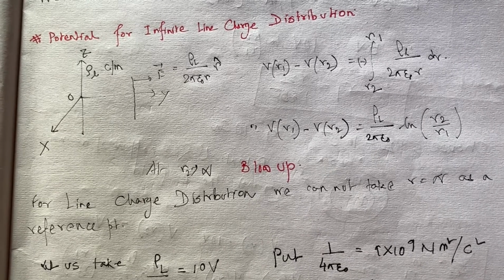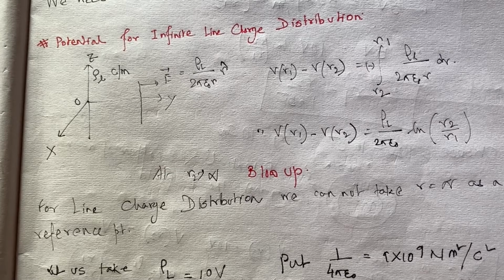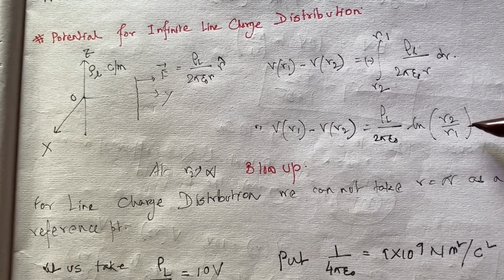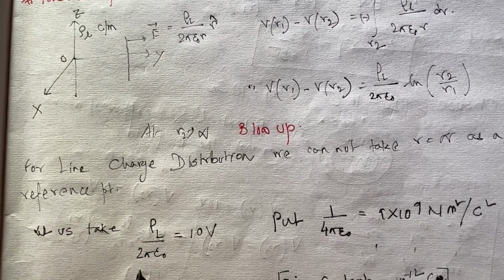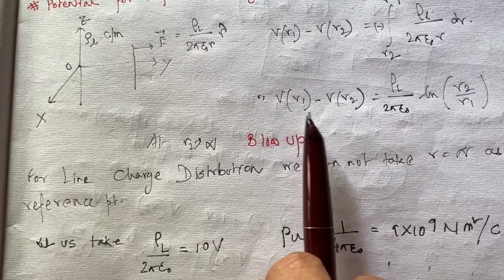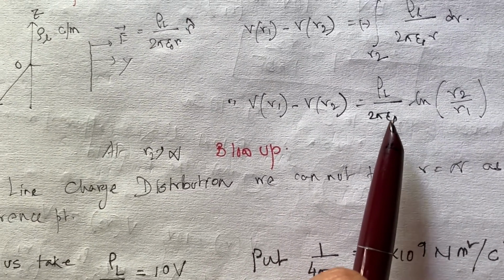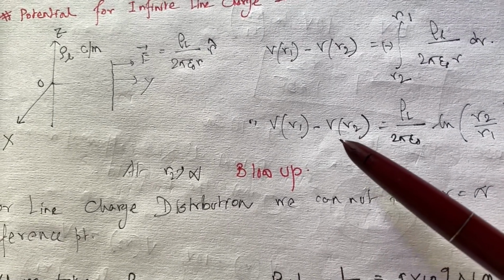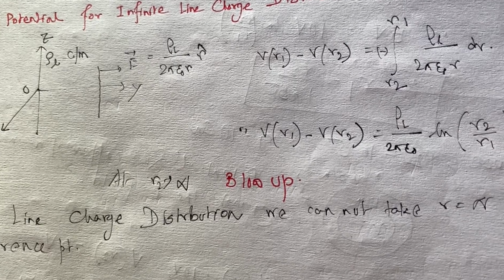Now let's do some problems relating to this infinite line charge distribution. This is the formula I will be using. Suppose we take such a configuration that rho L by twice pi epsilon 0 turns out to be 10 volt, because the left hand side represents the potential difference, so it will be some volt, x or y or z.